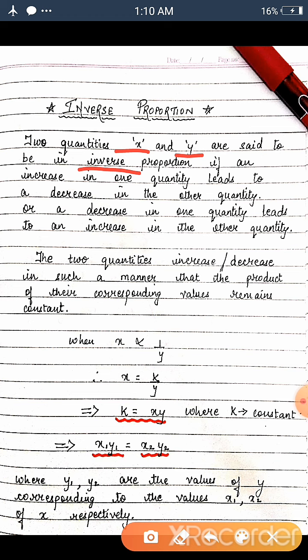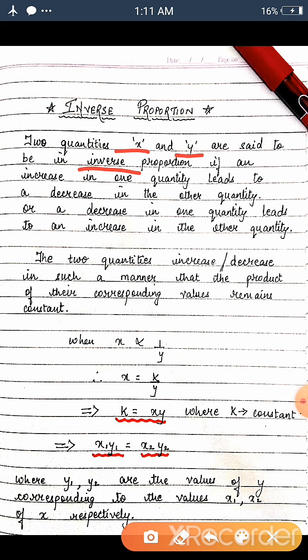So when you increase the value of x, y will decrease. Like when you were increasing the speed, the time required to cover the distance was decreasing. And when you decrease one quantity, the other one will increase. That means if you decrease the speed of the cycle, then the time will automatically increase. You will require more time to cover the distance.